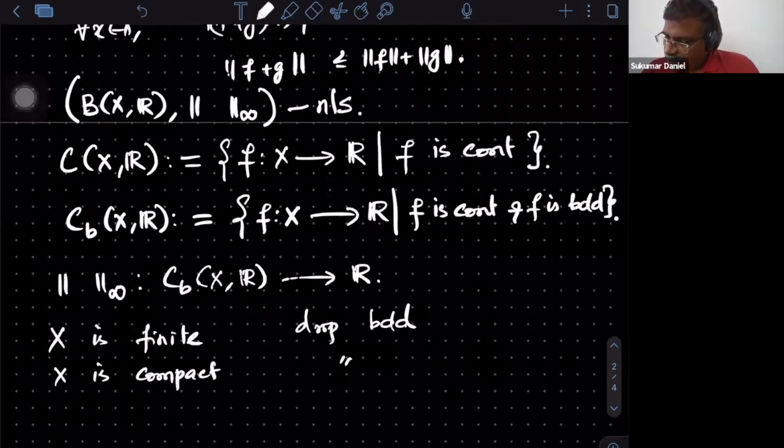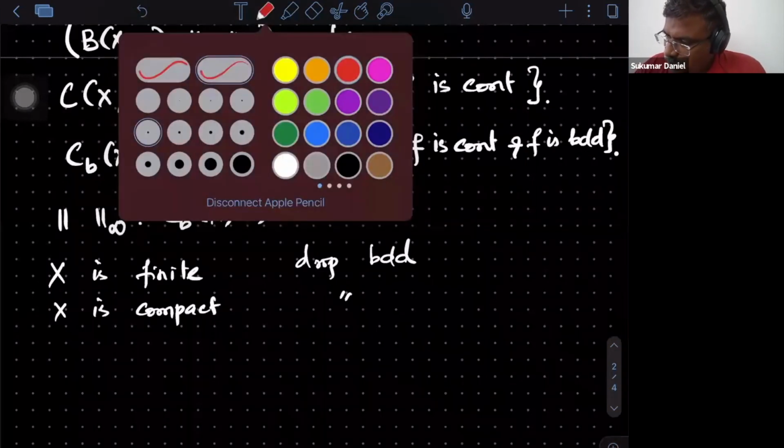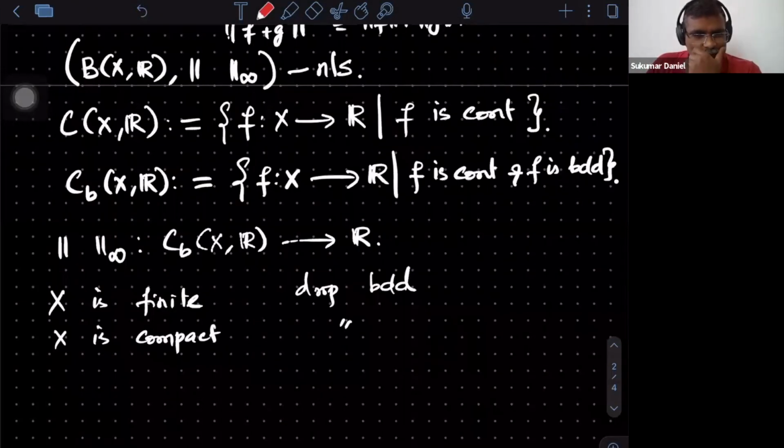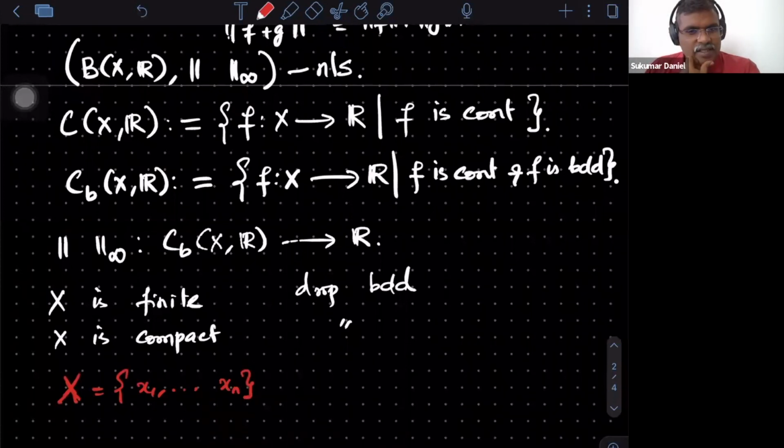I'll give you a few more exercises for you to think. So the question that we can ask is: if x is a finite set, so I'll call it something like x1, x2, ..., xn, think of what these BXR, FXR, CXR, and CBXR spaces that we have defined are.